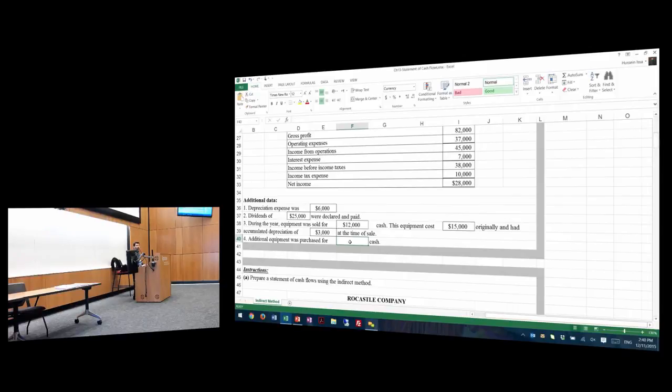What do you have to do here? You have to calculate purchases. How do you calculate purchases?